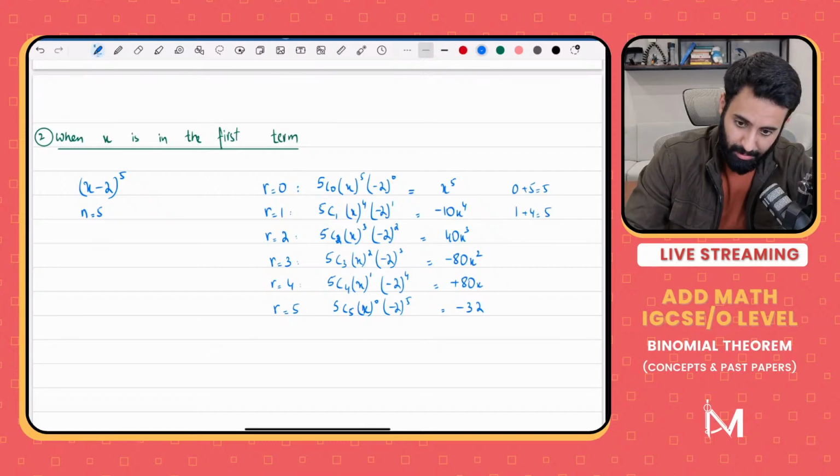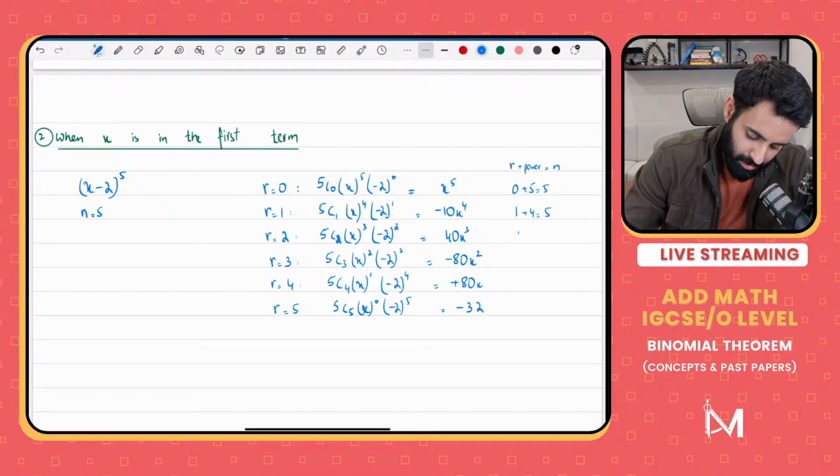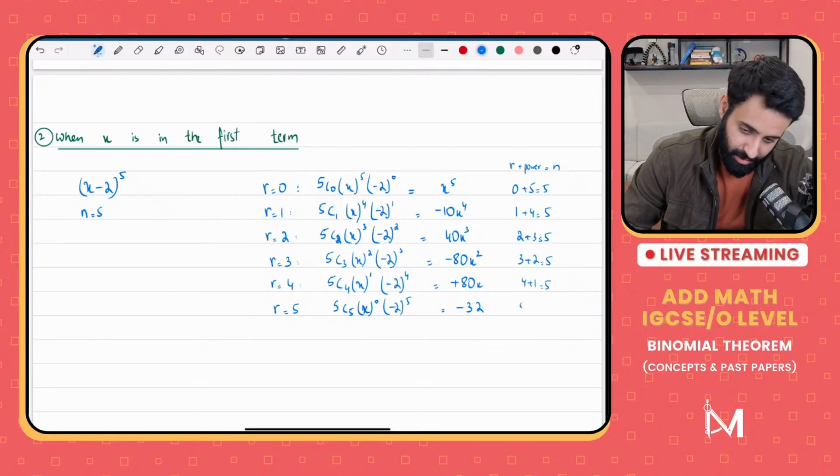In the first column we have r, and in the second column we have the power. And notice that they both always add up and give me the value of n. So 2 plus 3 equals 5. 3 plus 2 equals 5. And that's how the pattern continues. 4 plus 1 equals 5. 5 plus 0 equals 5.